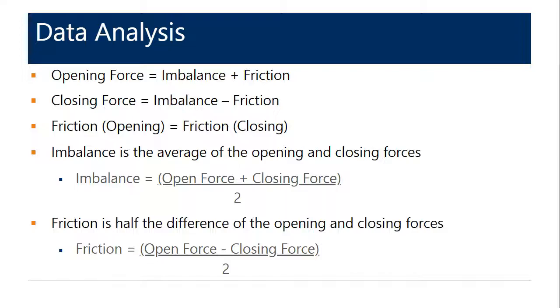Therefore, imbalance can be calculated as the average of the opening and closing force. Friction is equal to half the difference of the forces. This analysis relies on friction being equal in both directions. Since there is no reasonable way to determine the true system friction, this assumption must be made.